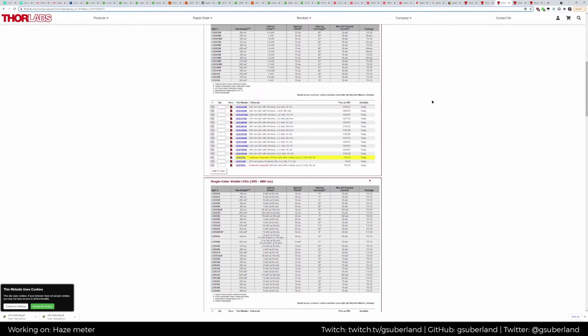Well, I mean, so what, like DPSS? Like frequency halving? That's how they make green lasers, right? You start off with an infrared. Wait, frequency doubling, sorry, because it's halving the wavelength. I mean, you would need a 660.